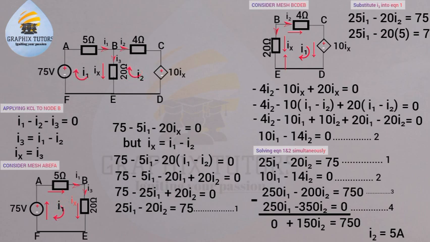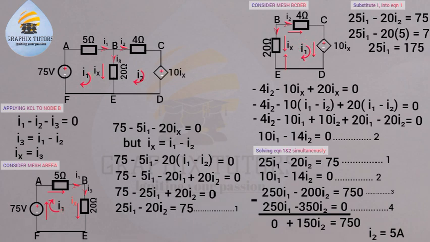So we'll be having 25I1 minus 100 equals 75, because 20 times 5 will give you 100. Now, if you do the needful here, the 100 will go to the other side to become positive. So we're having 25I1 equals 75 plus 100. So 25I1 will now give us 175.